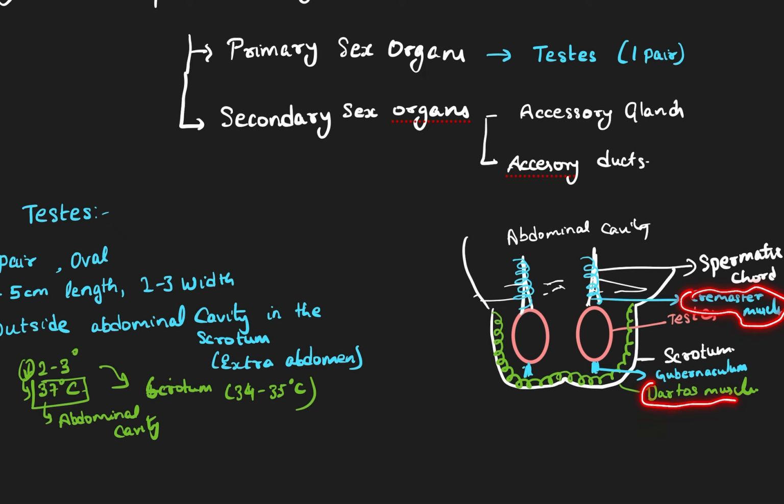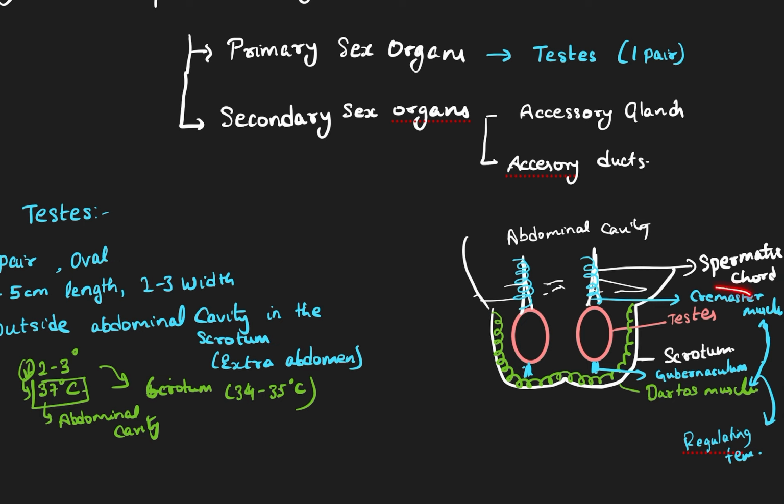The cremaster muscle and the dartos muscle basically, if you are able to see these two muscles, they regulate the temperature. They are helpful in regulating the temperature of the scrotum, keeping it lower compared to the body temperature.